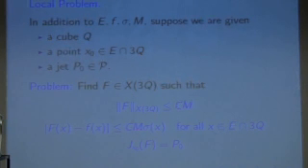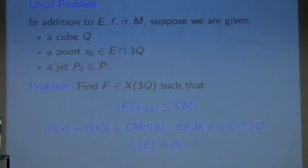In this case, not for all x in E, but for all x in E intersect 3Q, because that's where capital F is defined. And furthermore, I demand that this capital F have this P0 as its jet at the point x0. So that's what I mean by a local interpolation problem.